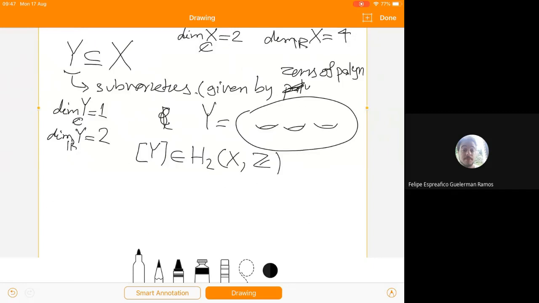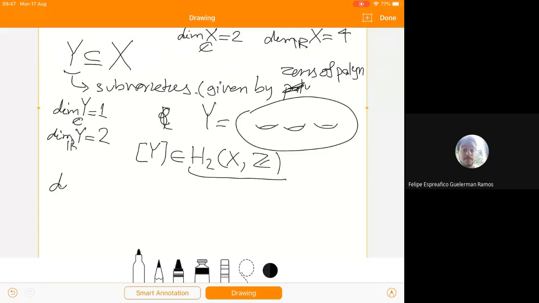This is what I am saying. Even so, the whole H2(X, Z) we cannot construct in the framework of algebraic geometry, but there are elements that we can still construct by polynomials and so on.